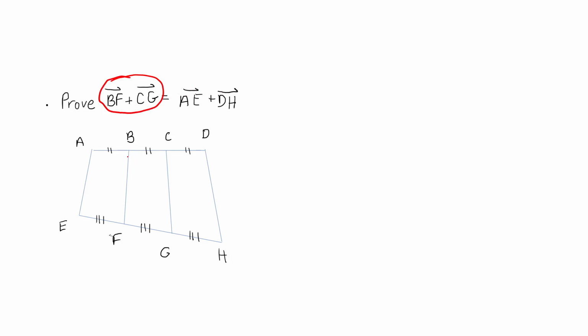So let's think about what BF plus CG means. BF is this vector right here. So let's imagine for a second we redraw that. I'll do my best redrawing, roughly like that. Now the vector CG looks like this. BF goes slightly to the left, the CG goes slightly to the right. So I'll do my best job of estimating what that might look like.